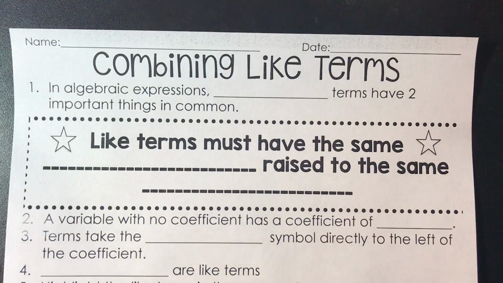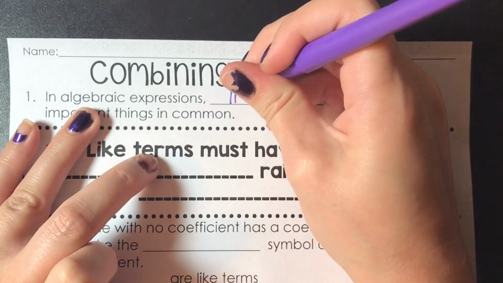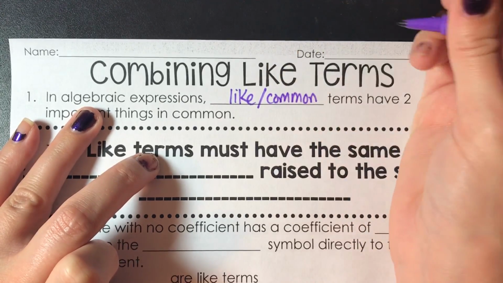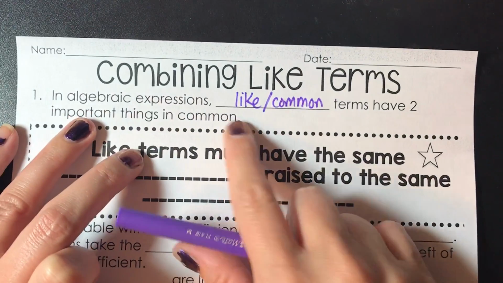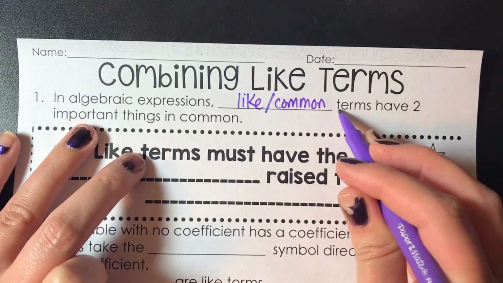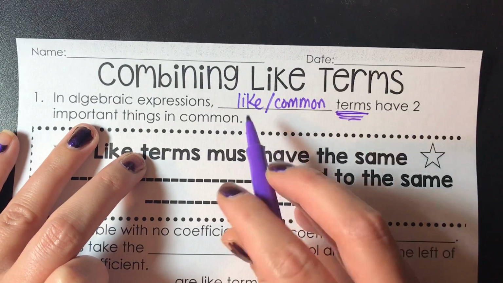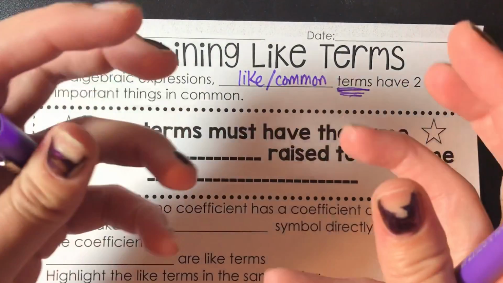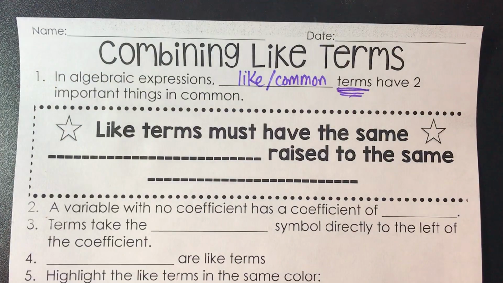In algebraic expressions, like, or basically we think of common. If something is alike or common or same, the terms that are alike or common have two important things that they have to have in order for you to be able to combine them.